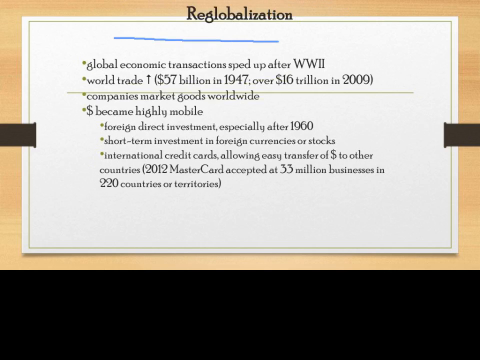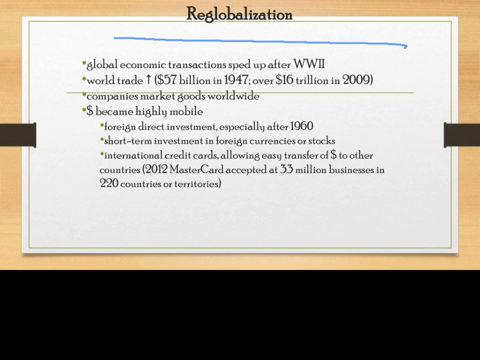Let's talk about reglobalization. Global economic transactions weakened dramatically after World War II. World trade skyrocketed from $57 billion in 1947 to over $16 trillion in 2009. Many companies market goods around the world as opposed to just certain markets. Money became highly mobile globally, for example foreign direct investment, especially after 1960, as well as short-term investment in foreign currencies and stocks.